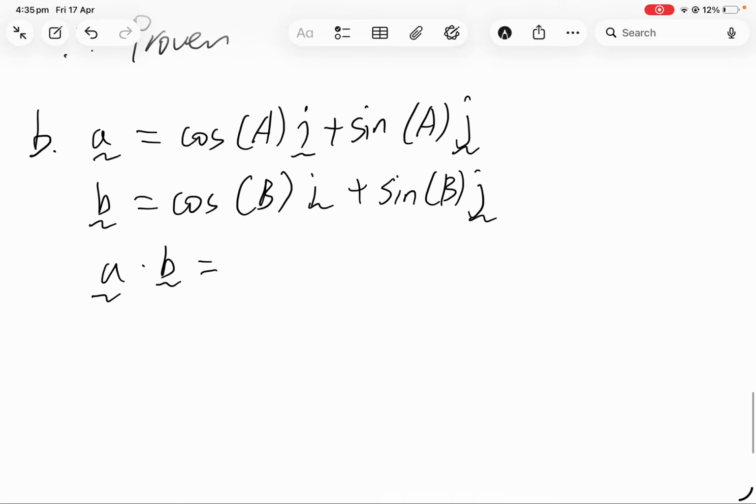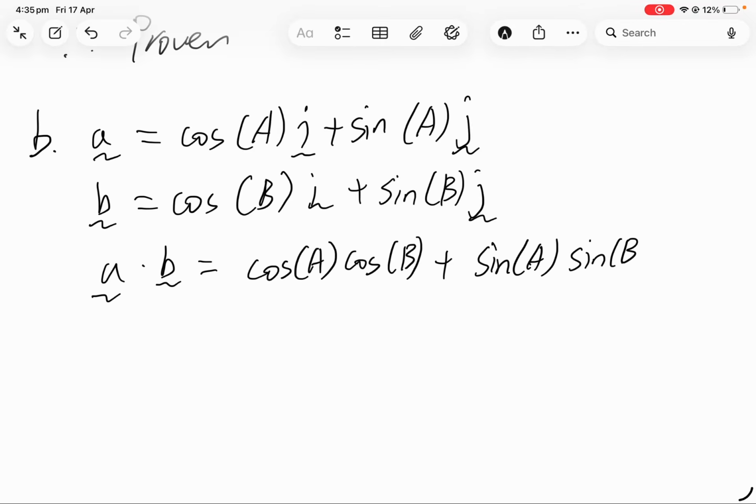So a dot b is just these two times, so it's just cos A cos B plus sin A sin B. If we know trigonometry, this should be clear. This should just be cos(A minus B). But we want to show that cos(A minus B) equals cos A cos B plus sin A sin B.